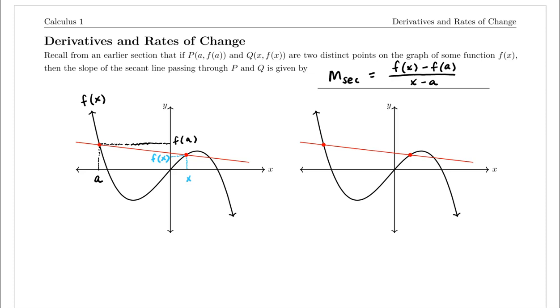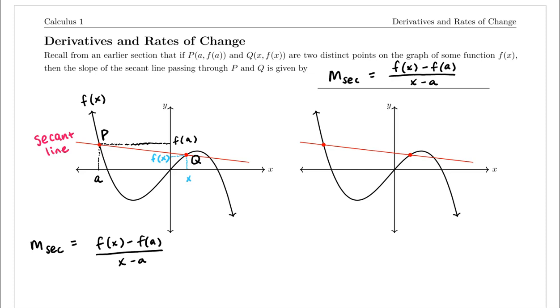So again, from this picture, this here is our secant line. And if I wanted to come up with the formula, I could copy that down again from what we had above. So the slope of the secant line is f of x minus f of a over x minus a. And remember, this essentially comes from the slope formula y2 minus y1 over x2 minus x1 when we're thinking about these two ordered pairs P and Q here.